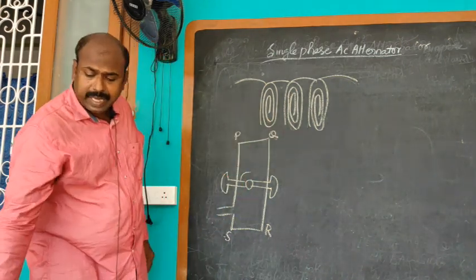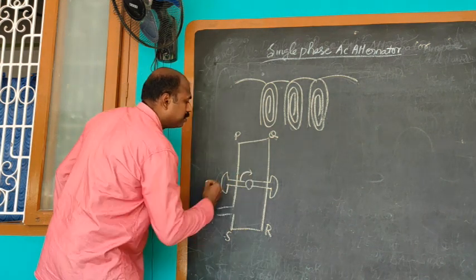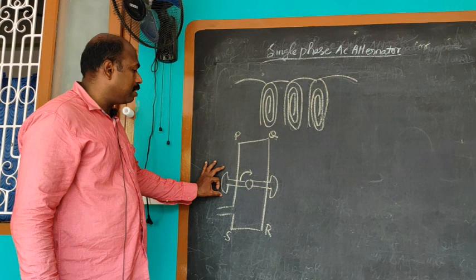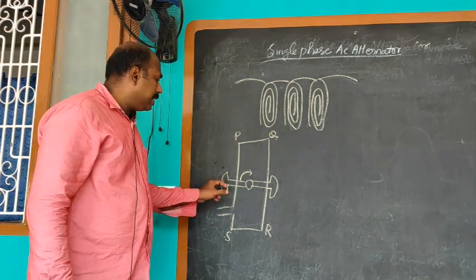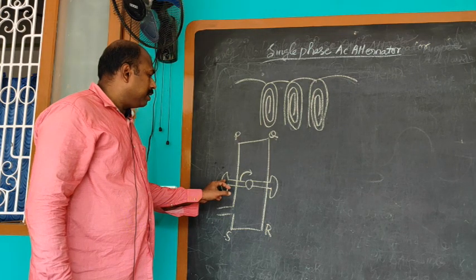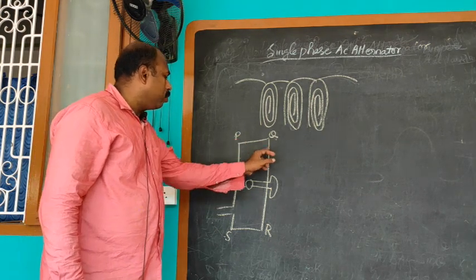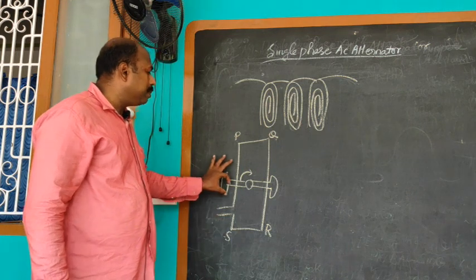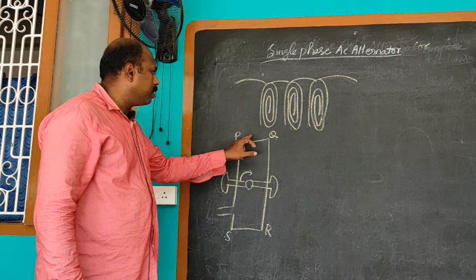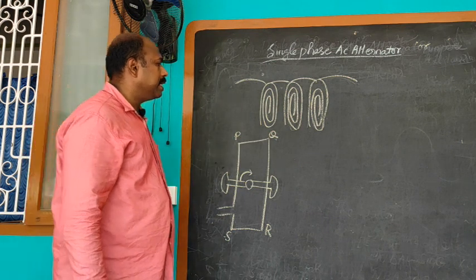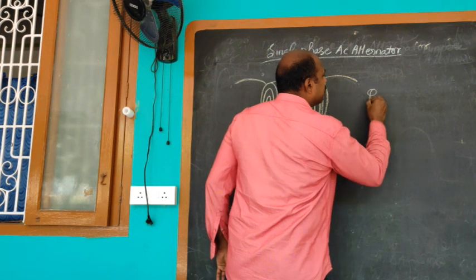Consider the field magnet is rotating in the clockwise direction. It is in the horizontal position. The magnetic field is perpendicular to the loop PQRS, so the maximum magnetic flux is passing through PQRS.